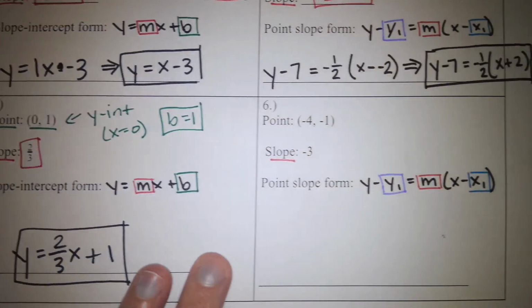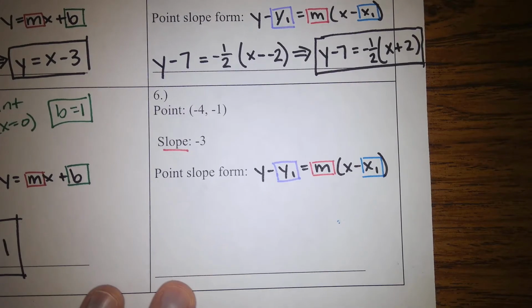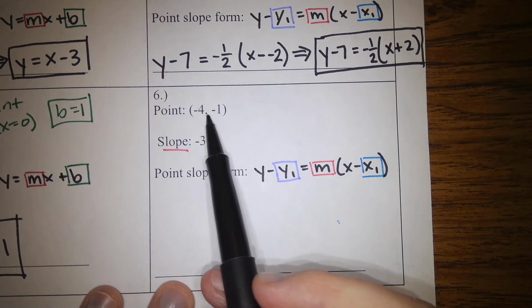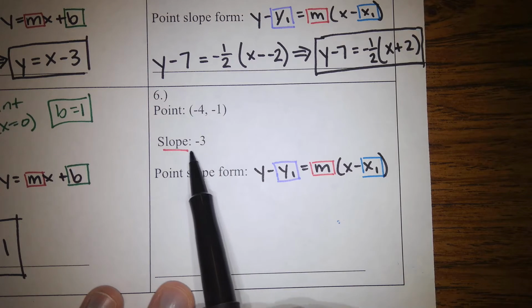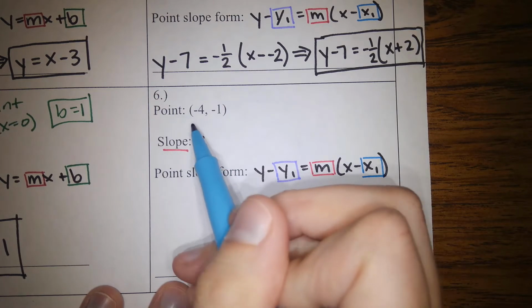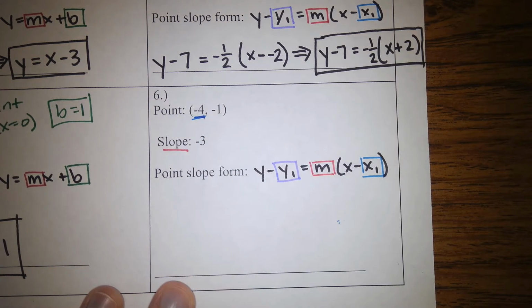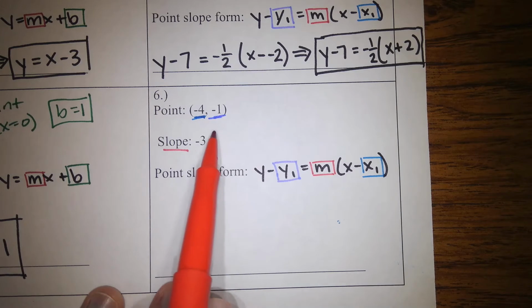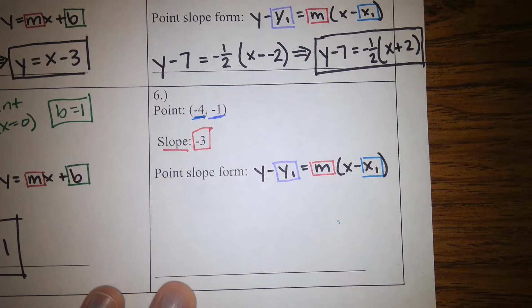All right, number 6 is kind of nice too here. We have our point, and we see that -4 is our x, and -1 is our y, and our slope right there is going to be equal to -3.